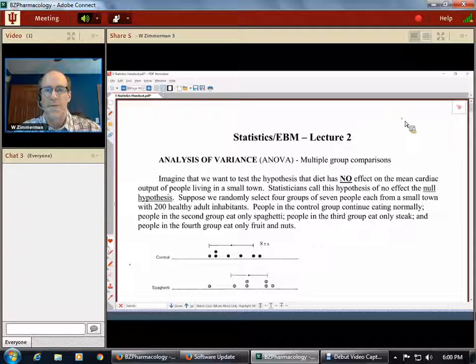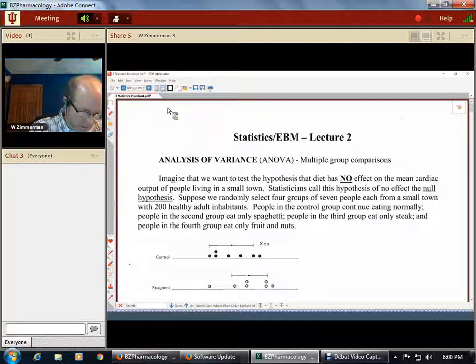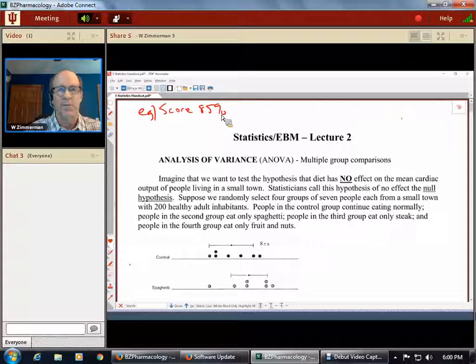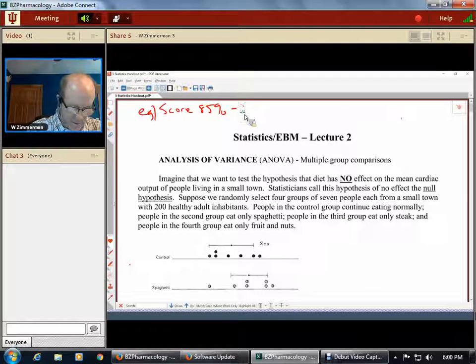So if your score, example, is 85%, you have to pull off 25 points from that. That will give you a 60, and that's your raw score.